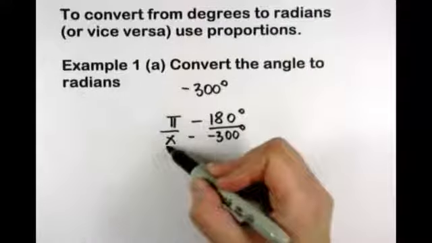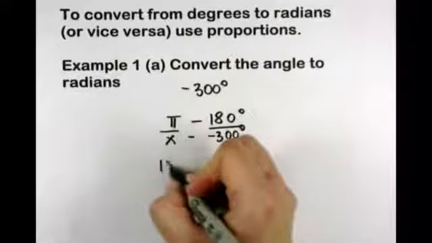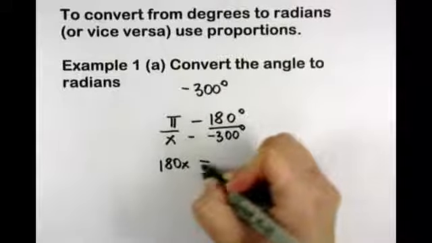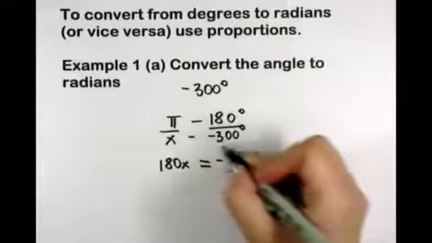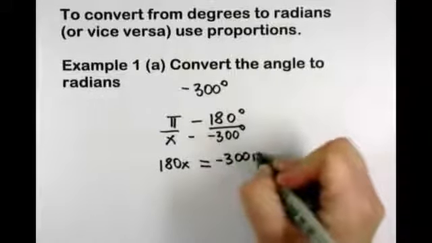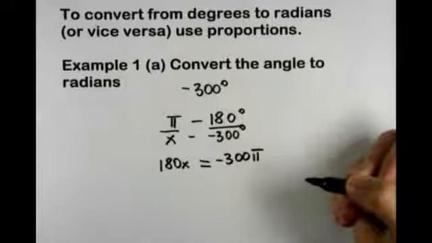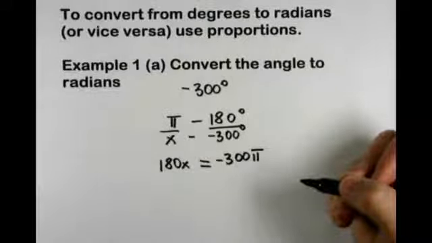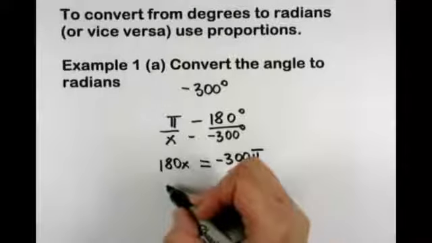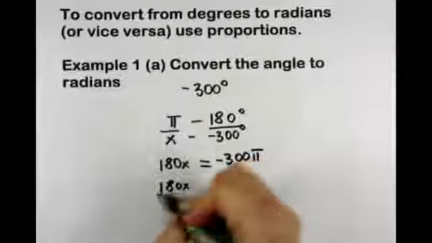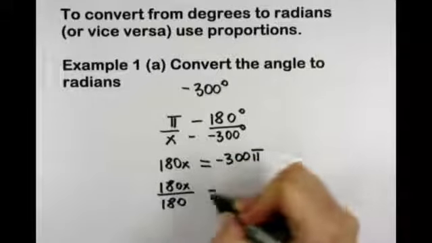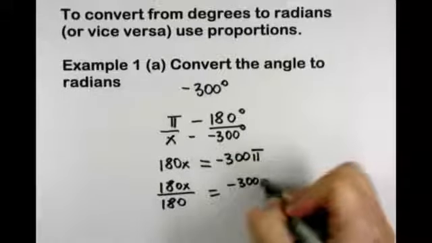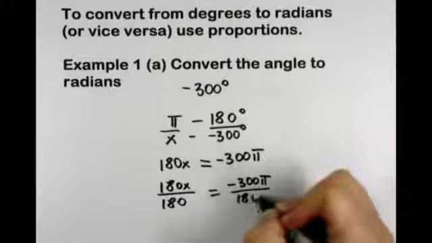So we have x times 180, which is 180x, is equal to minus 300 pi. Divide by 180 to isolate x. So now we divide 180x by 180, and minus 300 pi by 180.